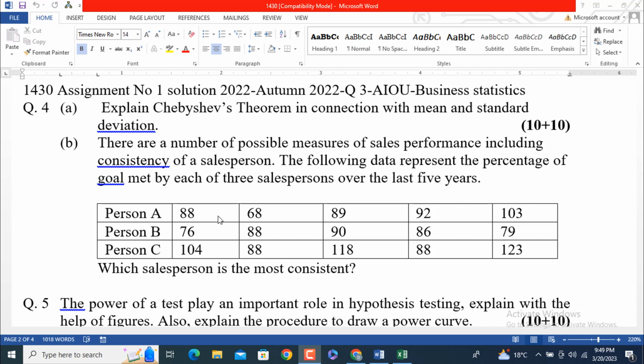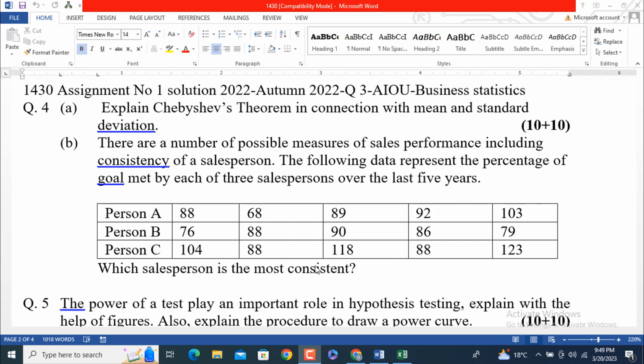This data is related to the three salespersons A, B, and C over the last 5 years. You have to find which salesperson is most consistent or efficient regarding sales performance. The salesperson who has less variation will be the more consistent salesperson.